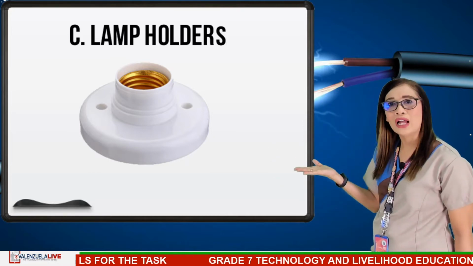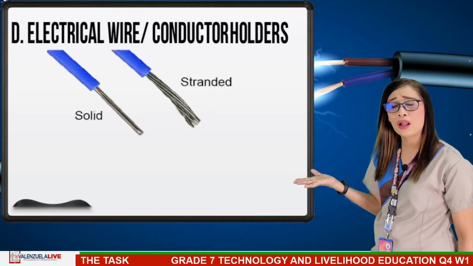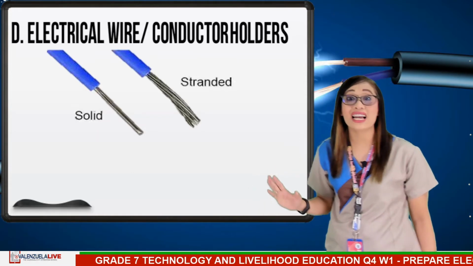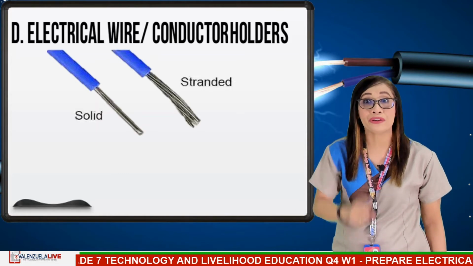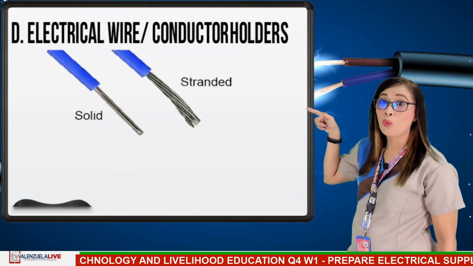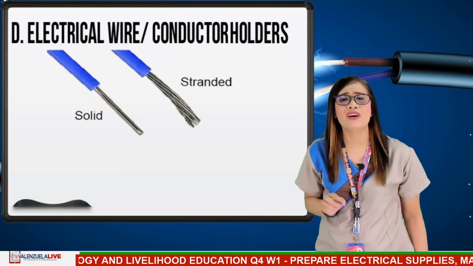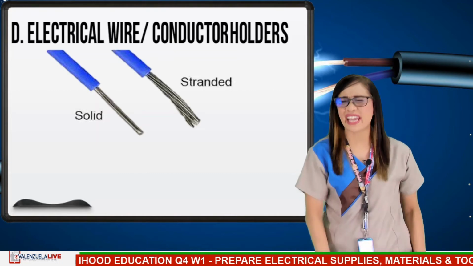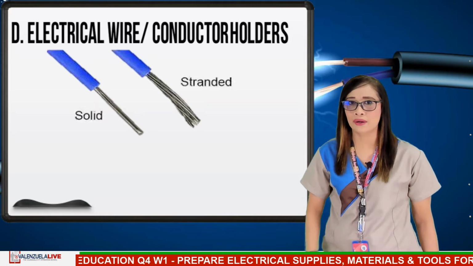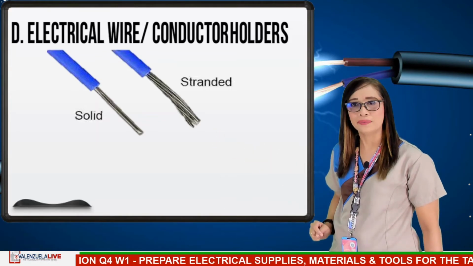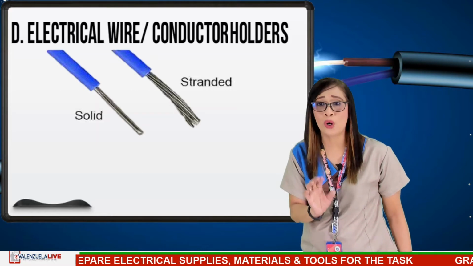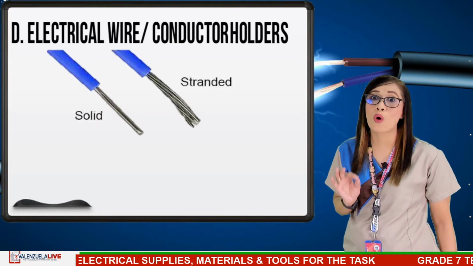Next, we'll have electrical wire, or we call it conductor. This is an electrical material that could be stranded wire, made of multiple strands joined together to make a single wire. Solid wire, made of a single strand of copper or aluminum wire.